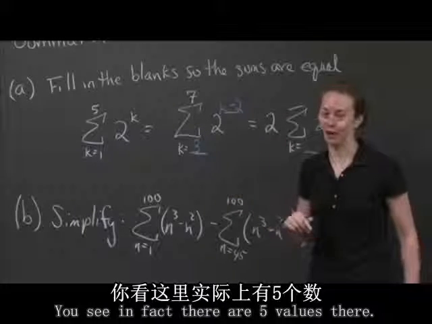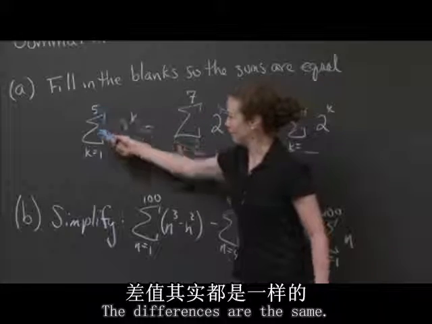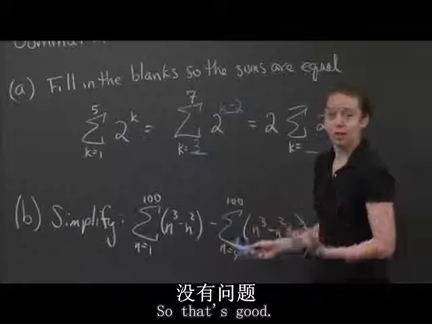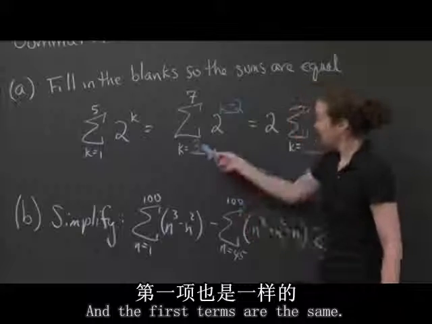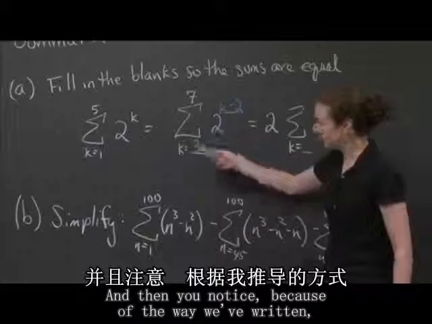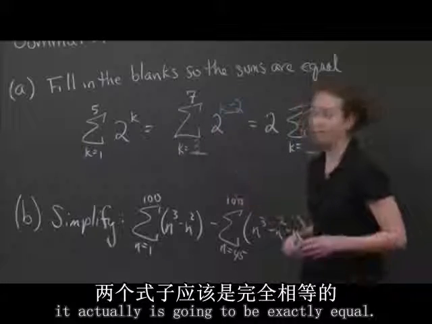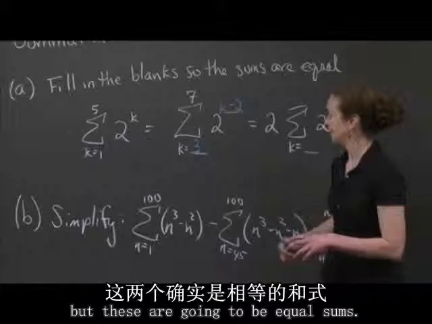You see, in fact, there are 5 values there. So don't get confused by that. The differences are the same. 5 minus 1 is 4. 7 minus 3 is 4. So that's good. We have the same number of things we're summing up over, and the first terms are the same. And because of the way we've written it, it's going to be exactly equal. You could expand and check, but these are going to be equal sums.